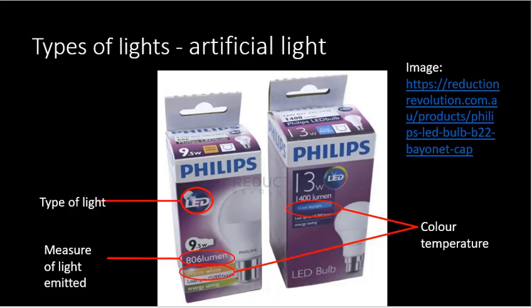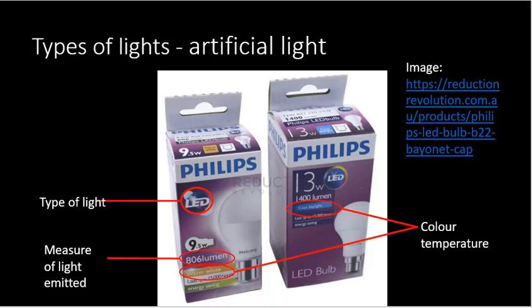The next type of light to consider is artificial light, and there are three main components of artificial light which are important to consider. The type of light, which we're going to explain further, either fluorescent, halogen, or LED, which stands for light emitting diode. Then the amount of light that is emitted from the light source, which is referred to as lumens, and this replaces the traditionally recognised watts, which used to measure the rate of energy or power generated.